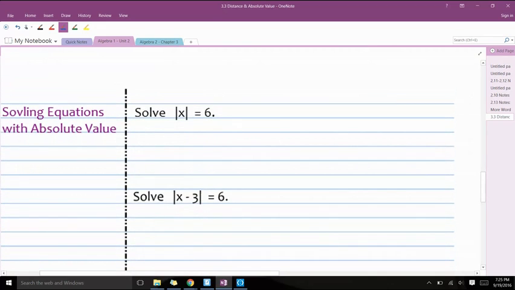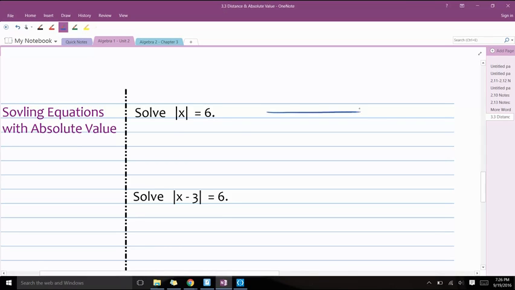All right, so solving equations with absolute value. Our first one we're going to look at here is the absolute value of x equals 6. I want you to think about what numbers could you take the absolute value of and get 6?